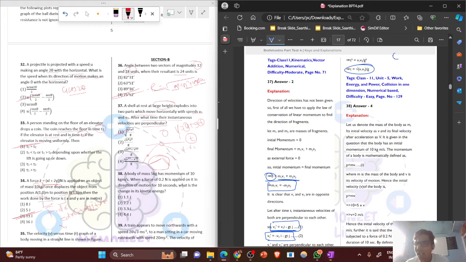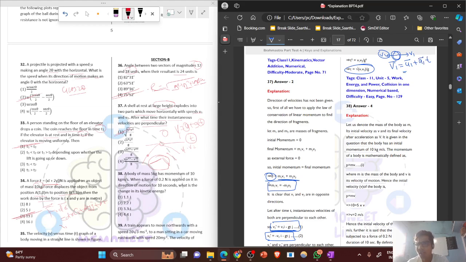Listen now. It explodes, V1 in this direction, V2 in this direction. Okay, got it. Now at some time its horizontal velocity will not change, but vertical will change. Understood now? You can write V1 dash vector at some time, which equals U1 vector plus g vector into t.